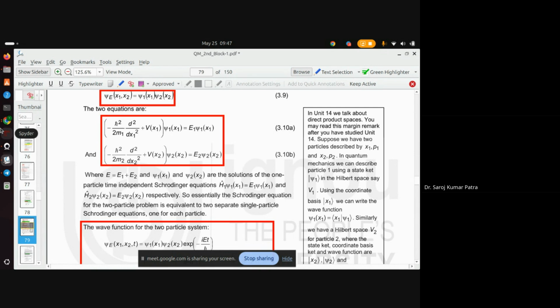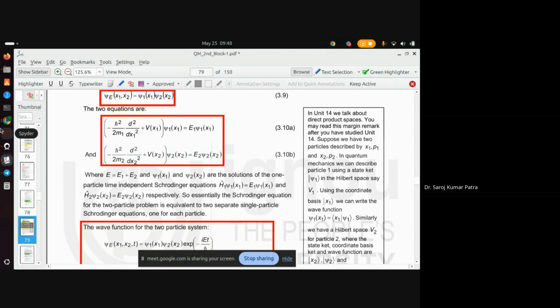You have your Schrodinger equation. Let me write it down. So minus h cross square by 2m del square plus V(r) operating on psi(r) will be equal to E psi(r), right? This is your Schrodinger equation.